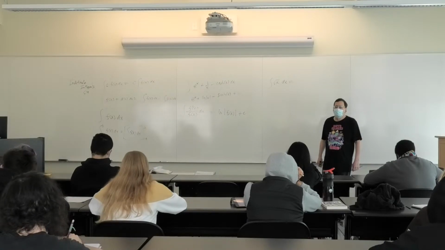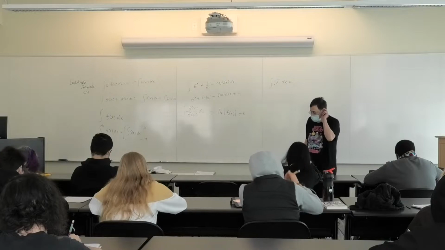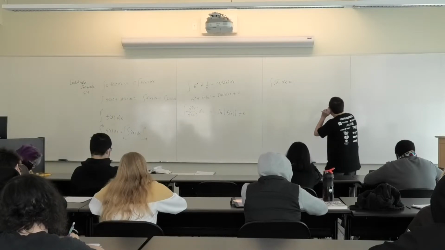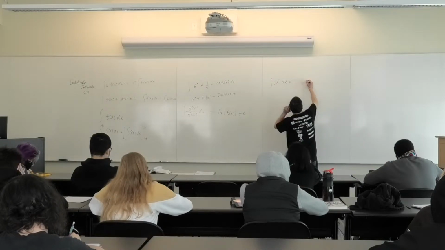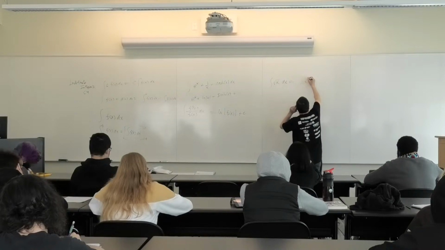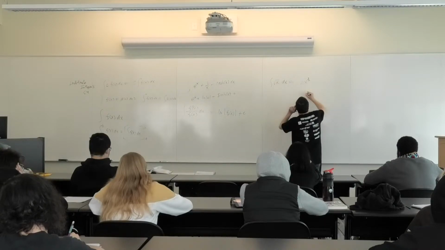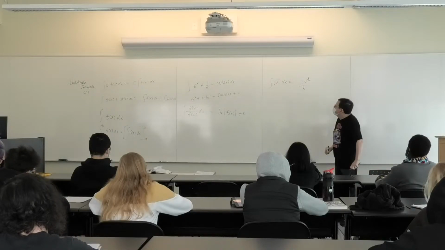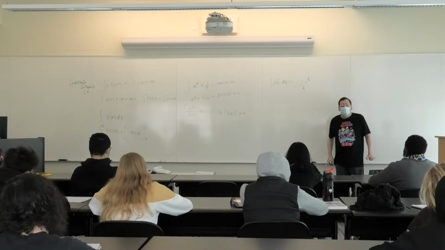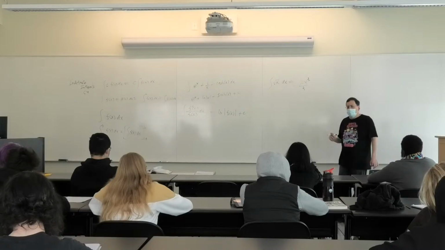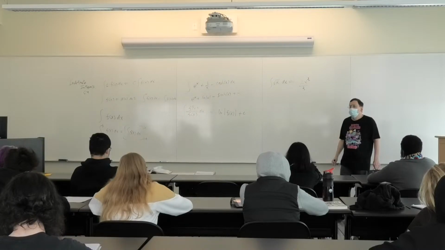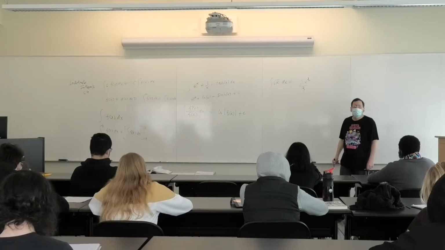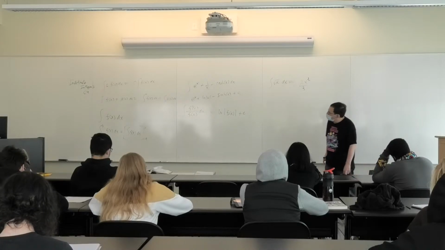Two x to the power of 3, 2x to the power of 3 over 2, and then divide the whole thing by 3. Okay. Anyone have a question how she found that? You have a formula?